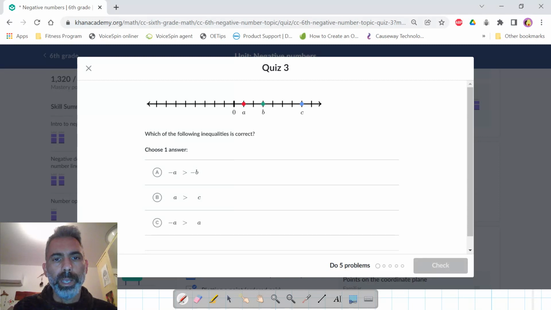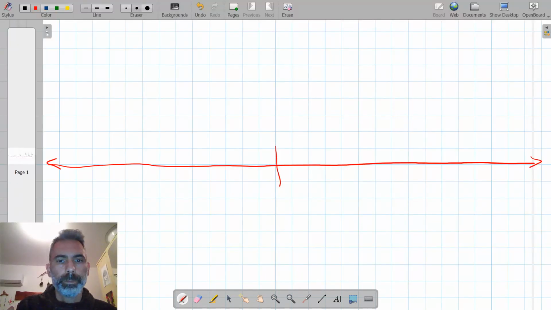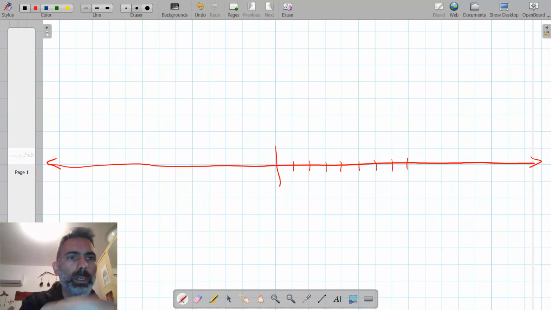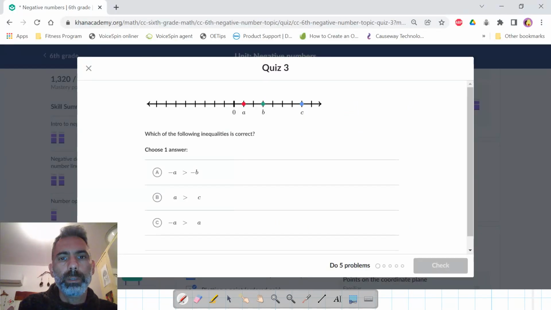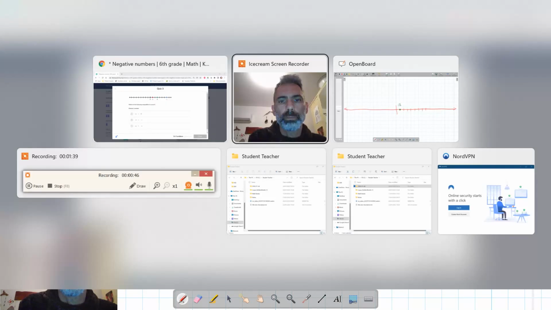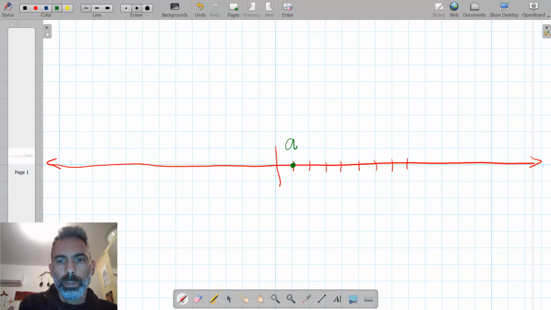So we have point A is 8 hash marks to the right of the 0. Point A is here. Point B is 1, 2, 3 hash marks to the right of the 0.